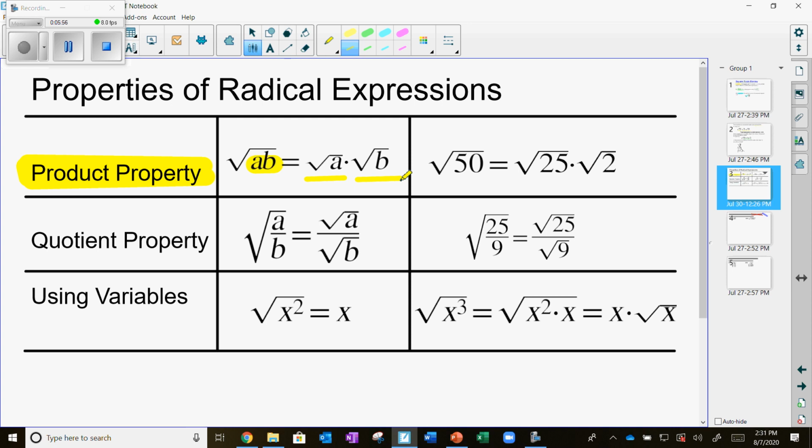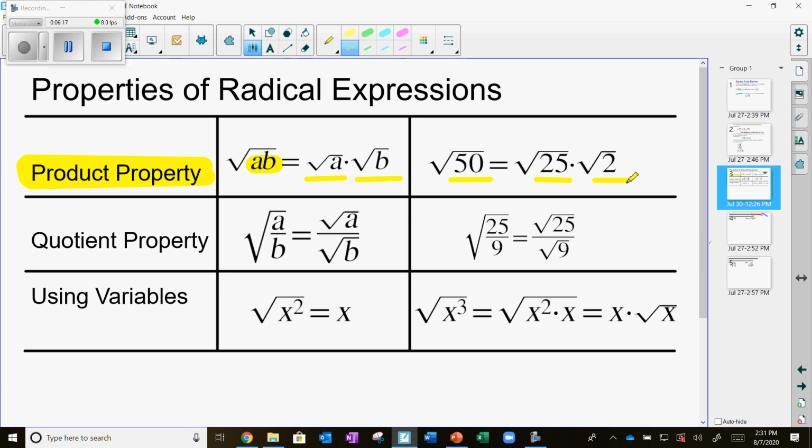If we look at the numerical example, we started off with the square root of 50. Is there a way I could rewrite the number 50 that uses a perfect square as a factor? There is. 50 can be factored into a perfect square factor of 25 and a prime factor of 2.